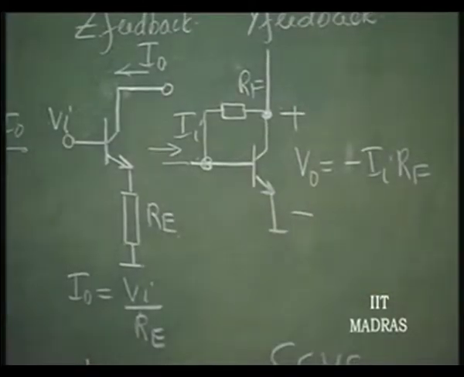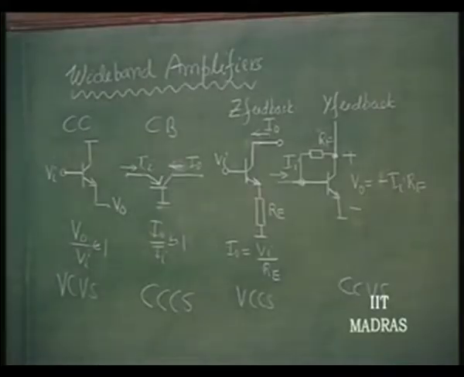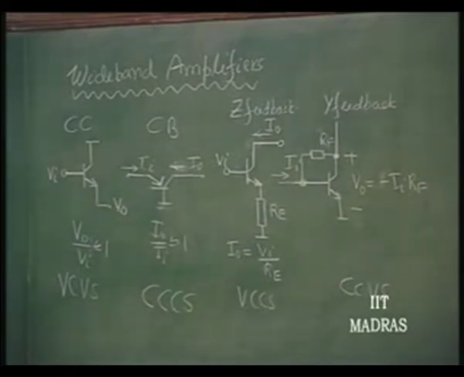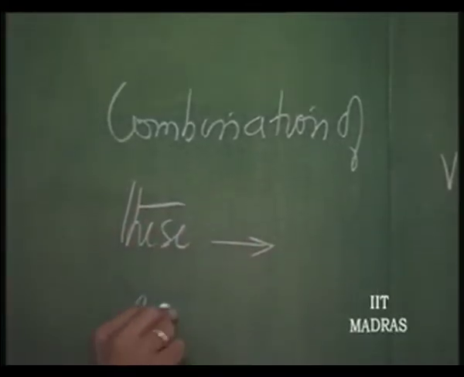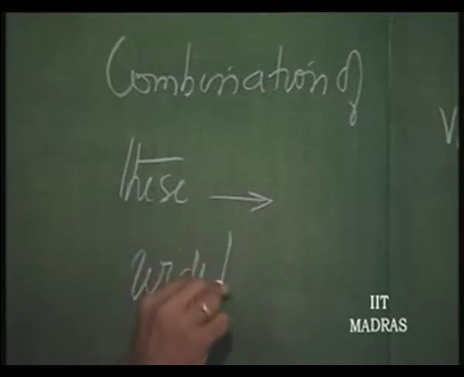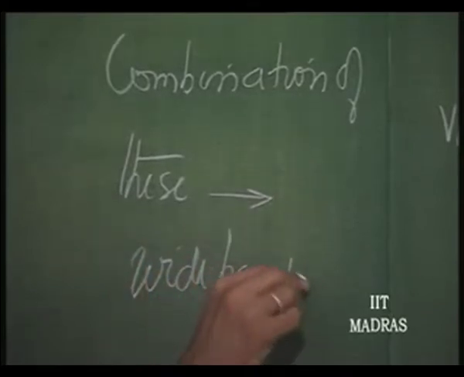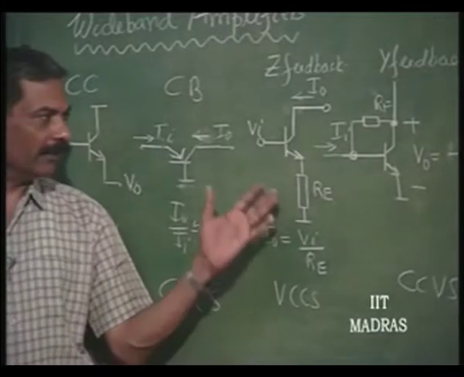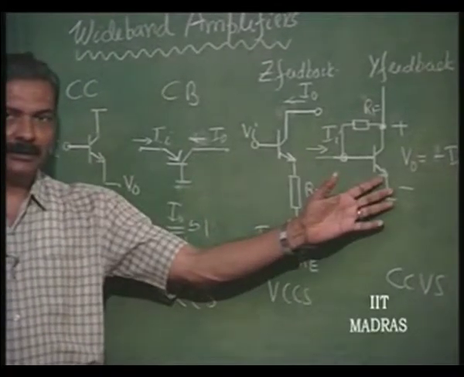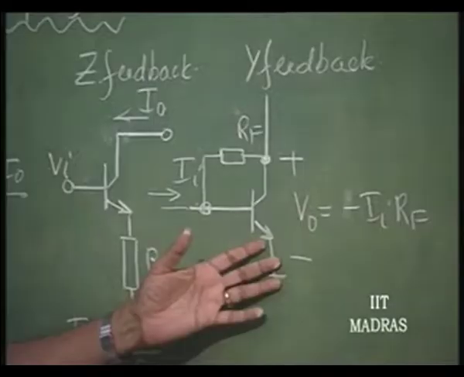All these are wideband structures, and a combination of these also results in wideband structures, because if I want a voltage controlled voltage source, I will combine this with this, just as we did yesterday and built up an IC.